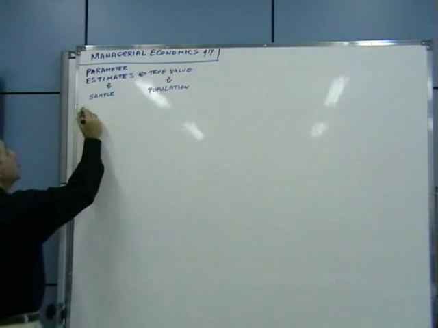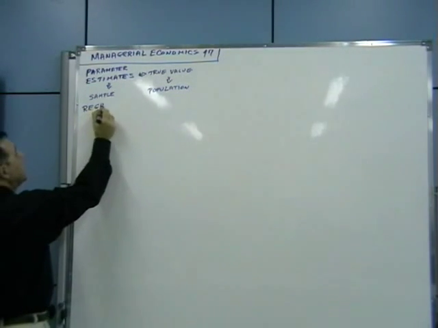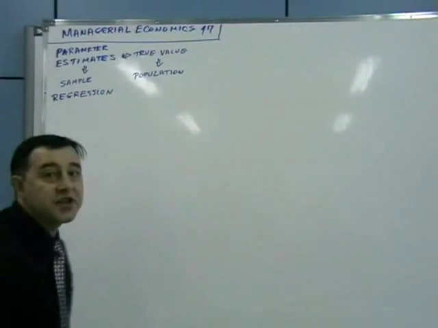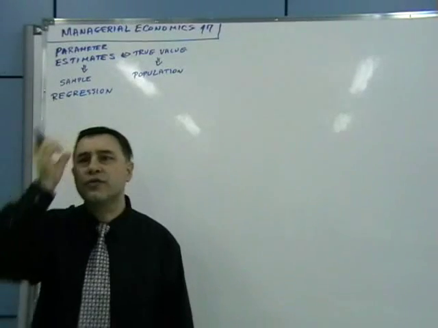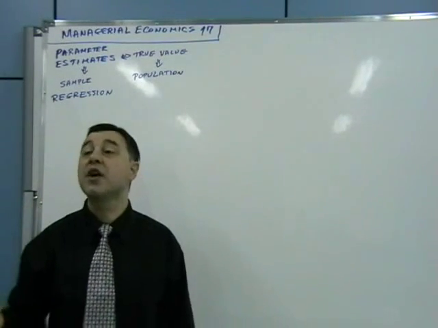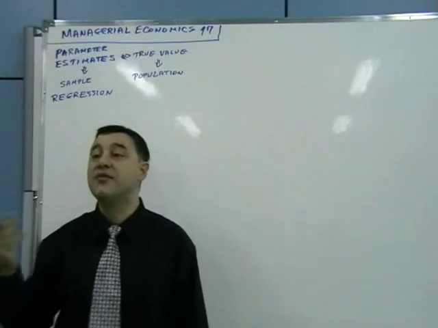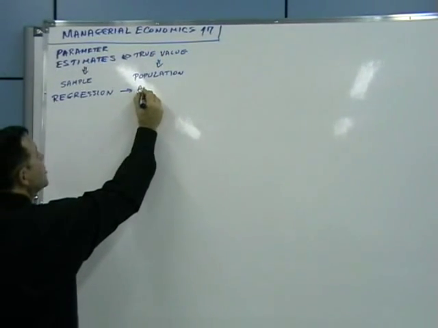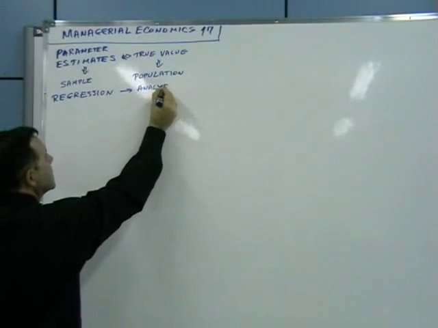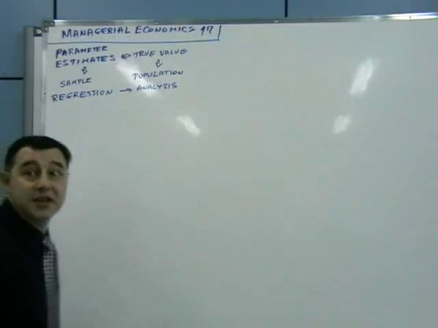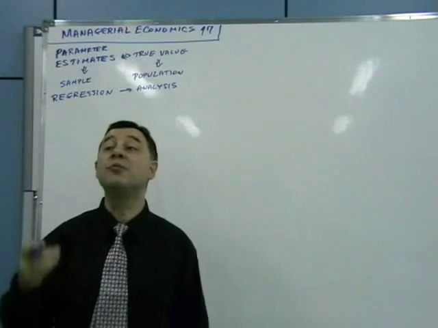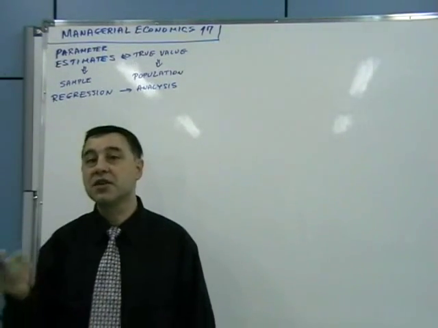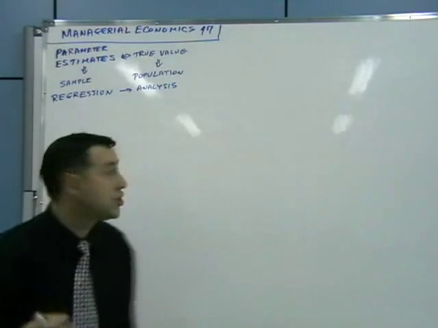So we had a regression. And regression is associated with trying to find a relationship between past values. And from regression, you have a regression analysis, which is the statistical methodology used in finding certain types of statistical relationships.